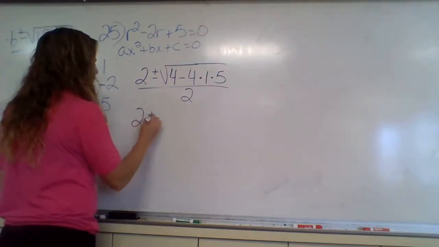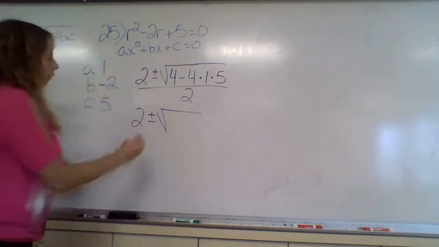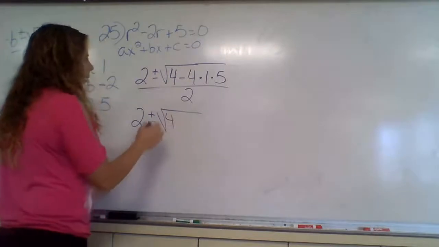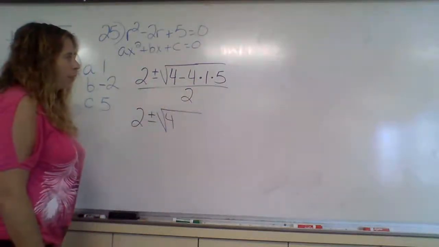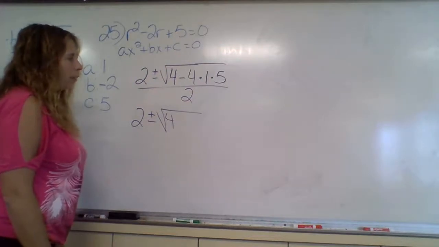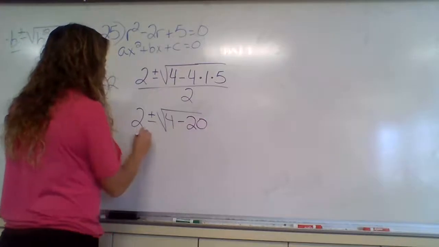Two plus or minus. All right, we have 4. -4 times 1 is -4. -4 times 5 is -20, all over 2.